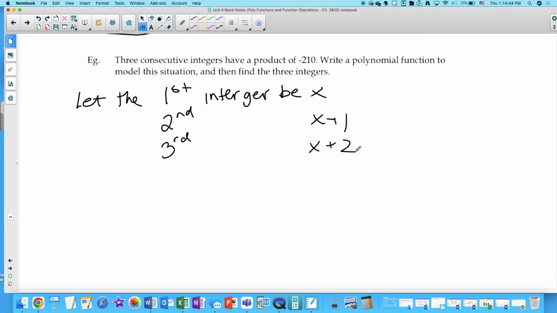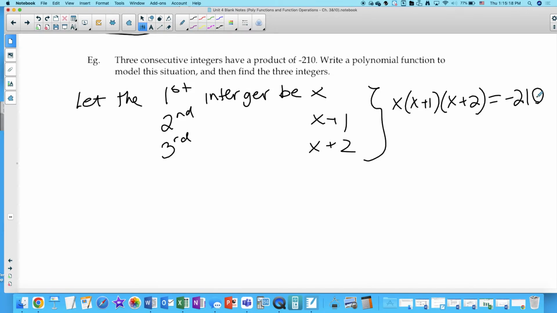Now, the product of these 3 integers is -210. So if we multiply these together, now we have a polynomial equation that we can hopefully use to determine the value or values of x that satisfy the conditions of this situation.